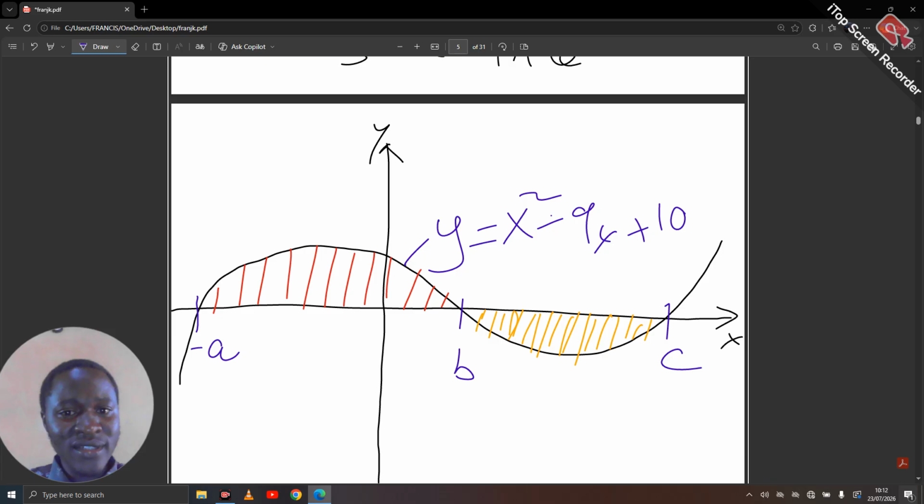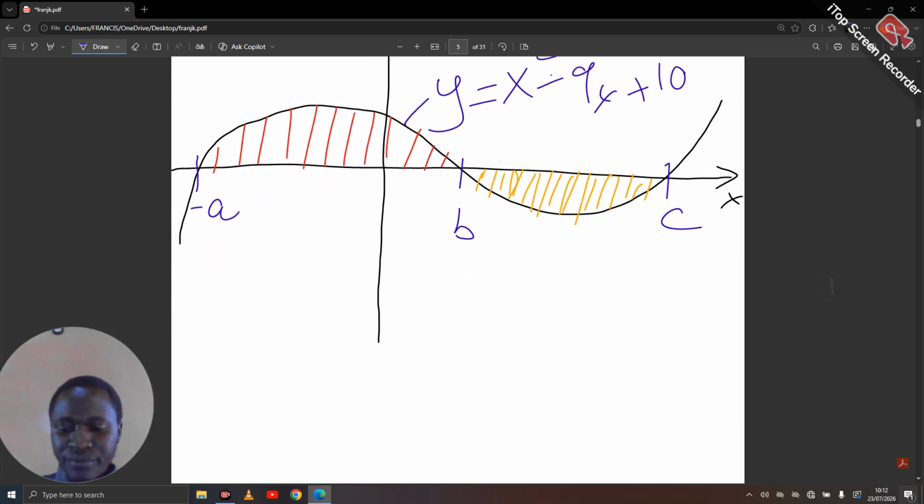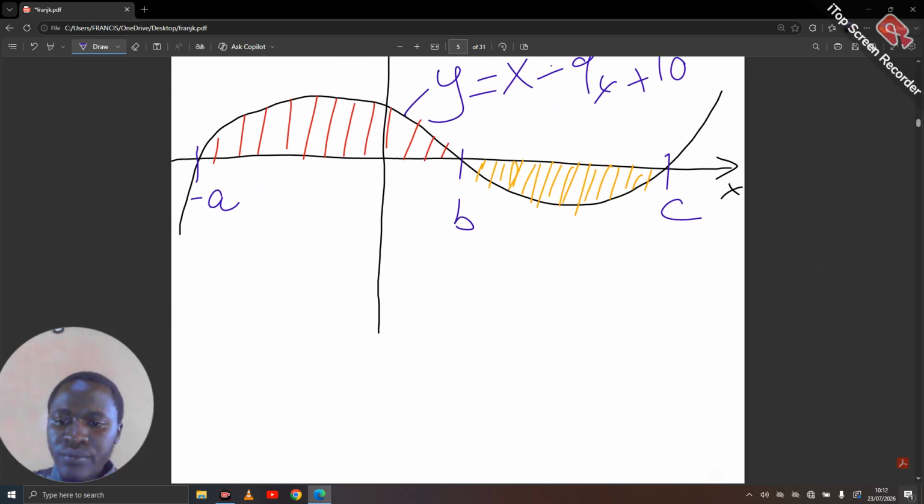Suppose the graph you came across in an equation looks similar to this one, then in that case, the two faces cannot be integrated at the same time.